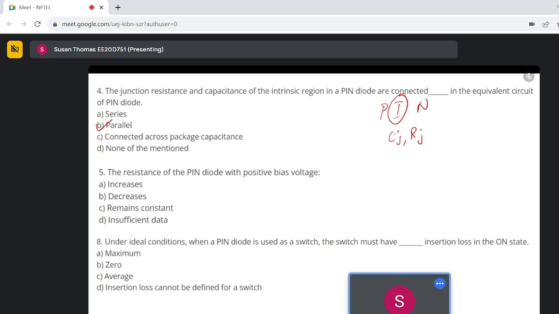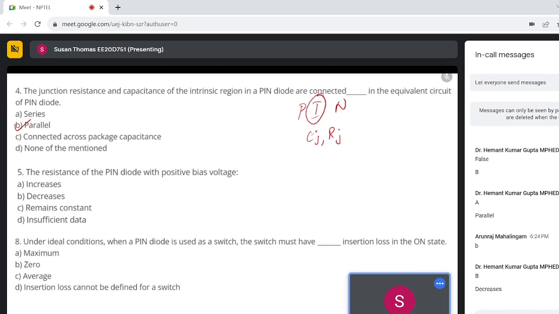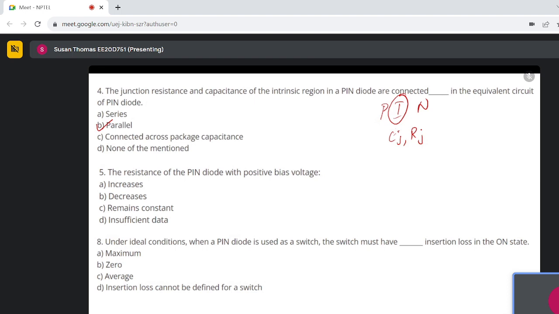Okay, I am looking at the answers here. So I think the answers are mostly for option B, that is decreases. Yes, that's the right option. So as you know, whenever a positive bias voltage is applied, what happens to the Rj?